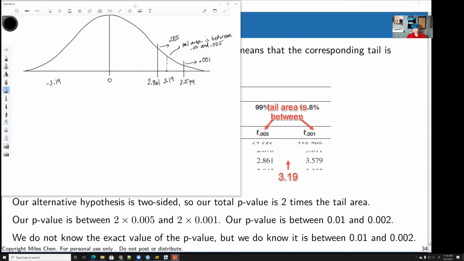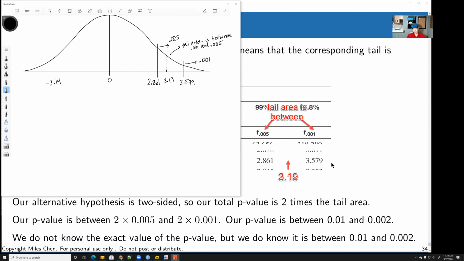I don't have an exact value. All I know is that according to our table, if it was at 2.861 exactly, I would have 0.005 exactly. If it was at 3.579 exactly, I would have 0.001 exactly. But here I have 3.19, so my tail area is somewhere between 0.001 and 0.005.